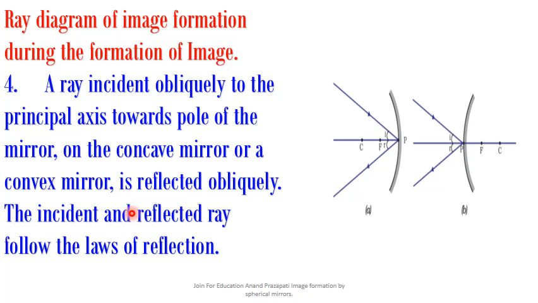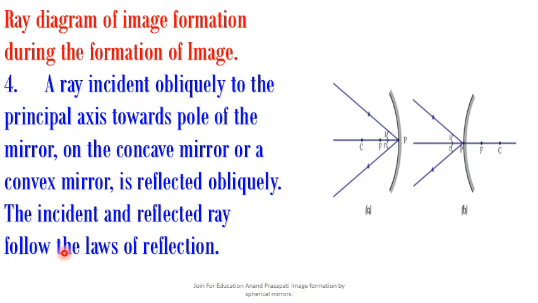The incident and reflected rays follow the laws of reflection. So we have four properties related to the ray diagram, and these properties are used during image formation. Any two reflected rays intersect at a certain point, and this point gives the position of the image.